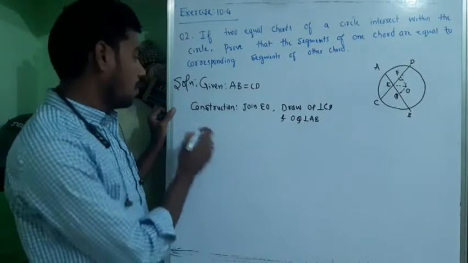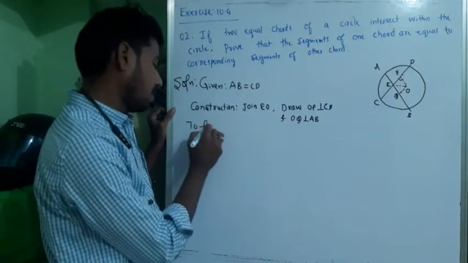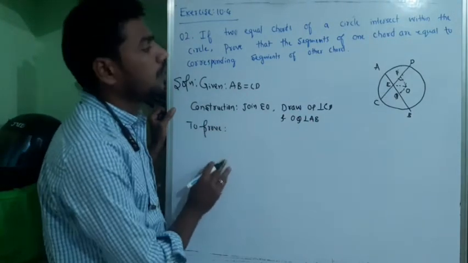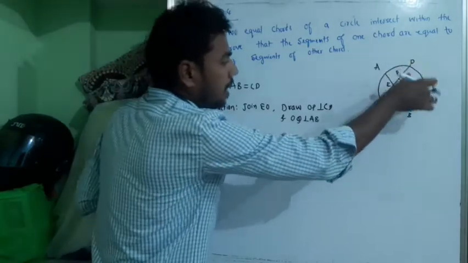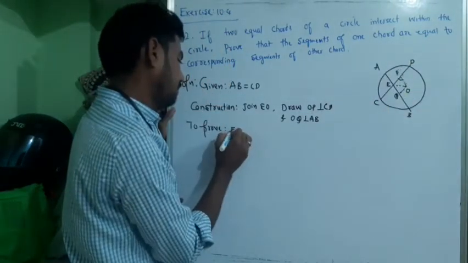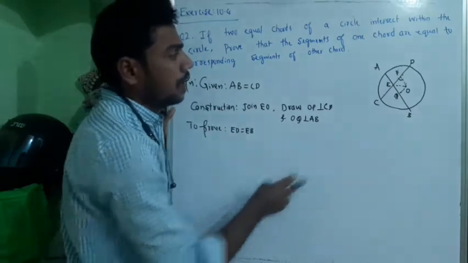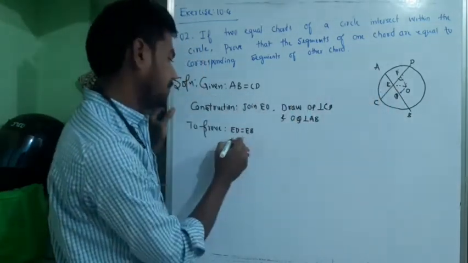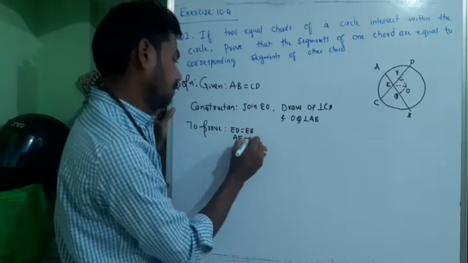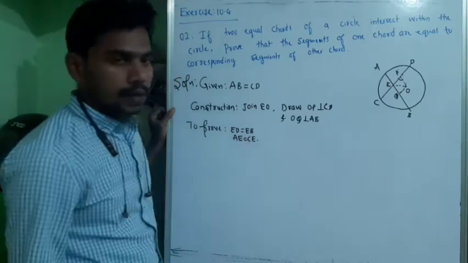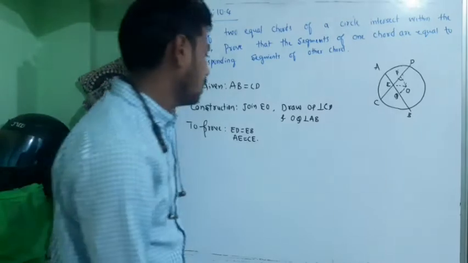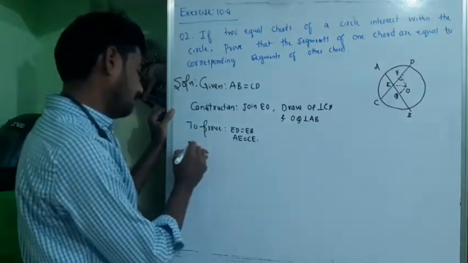What is required for us to prove? We need to prove ED is equal to EB, then AE is equal to CE. Now, proof.